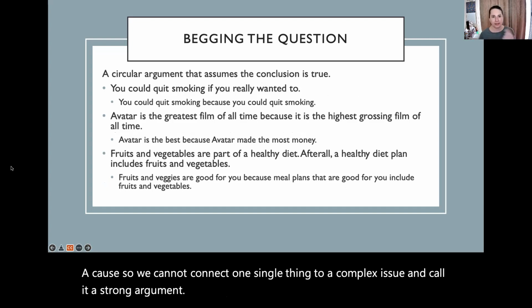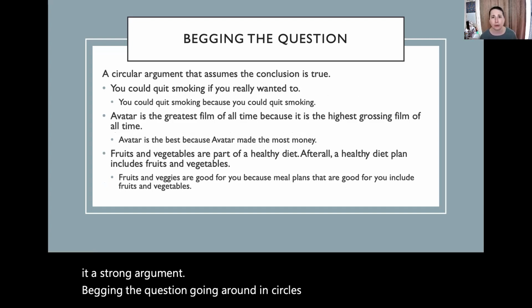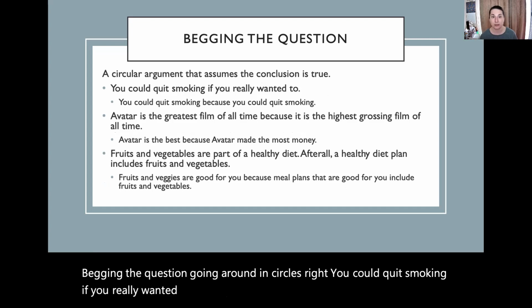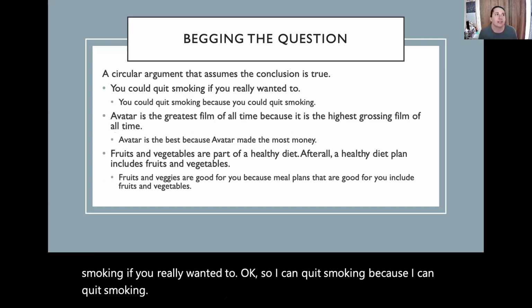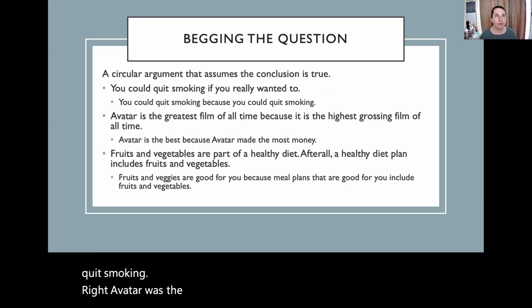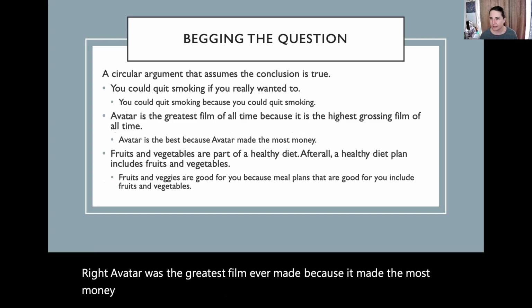Begging the question, going around in circles, right? You could quit smoking if you really wanted to. Oh, okay, so I can quit smoking because I can quit smoking, right? Avatar was the greatest film ever made because it made the most money. Well, but what was it about it that made people want to see it, that therefore made it make a lot of money?